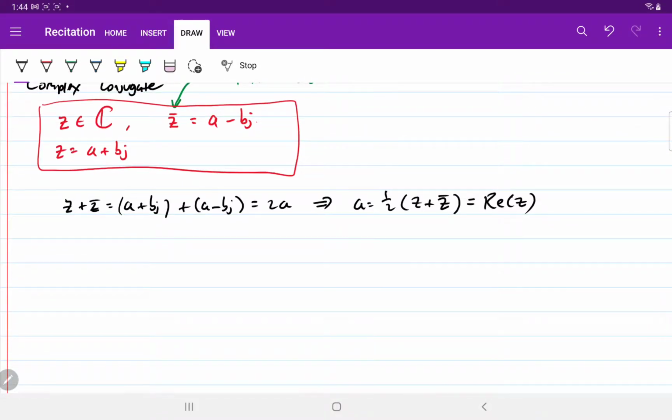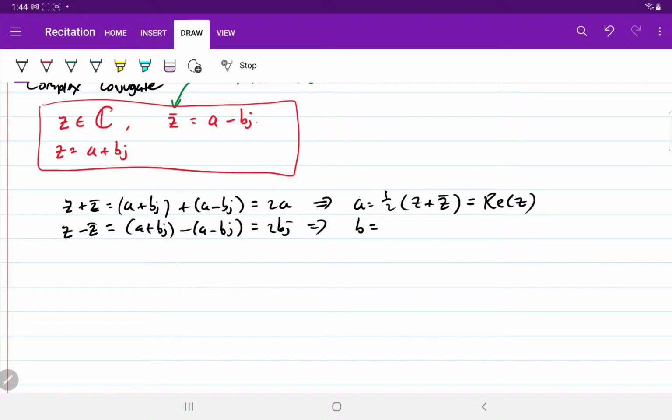And if z is subtracted by z bar, then a plus bj minus a minus bj is 2bj.